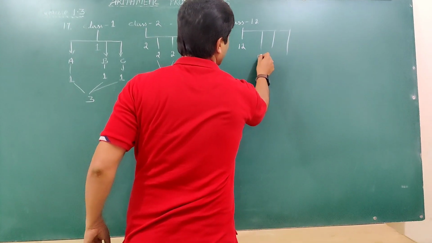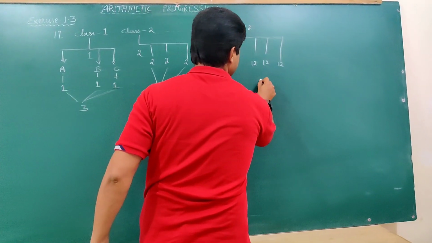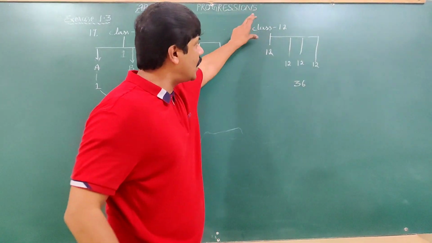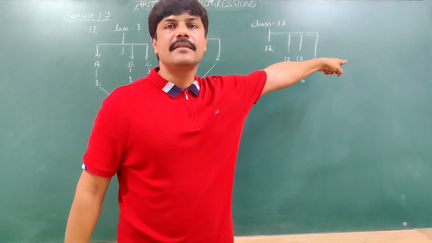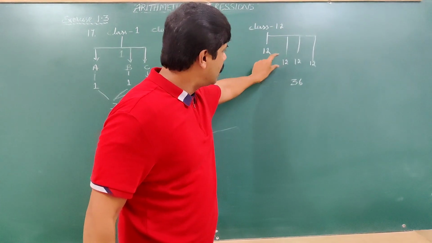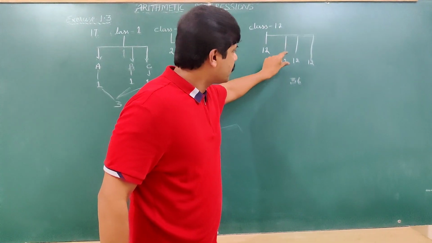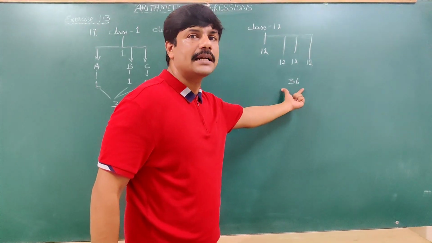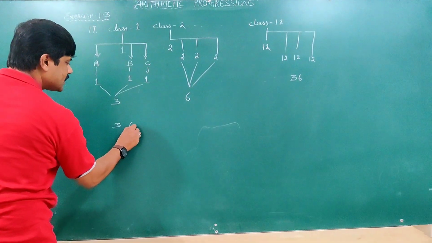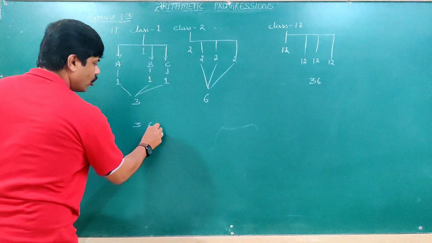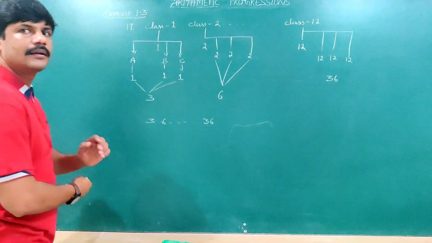That means 12, 12, 12: 12 three times is 36 trees. Class 12 has to plant 36 trees because they have 3 sections. Each section is going to plant 12 trees. Thus it becomes 36. And you see that class 1 is 3, class 2 is 6, class 3 is 9, and so on. Class 12 is 36 trees.